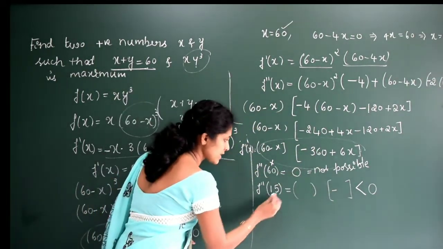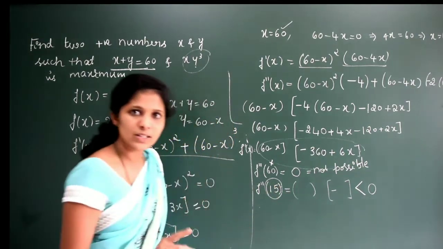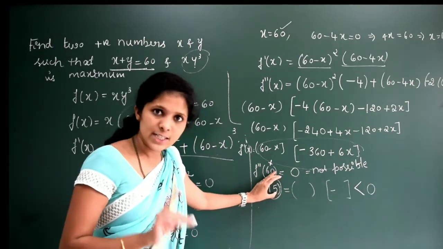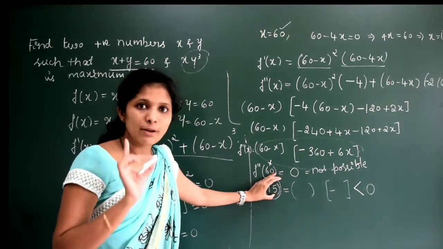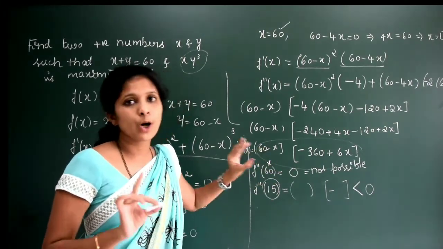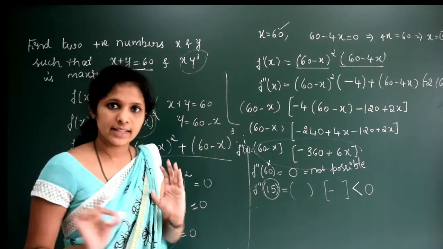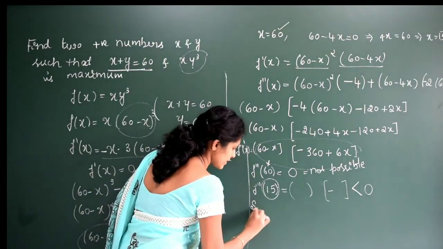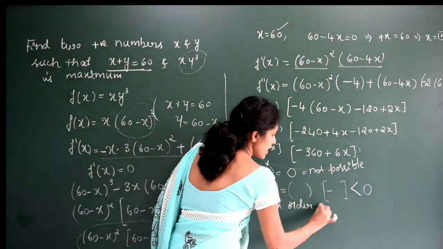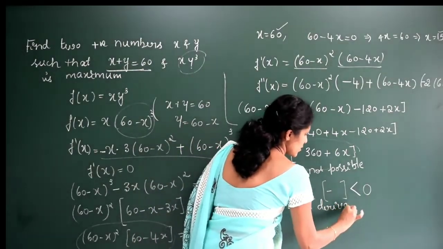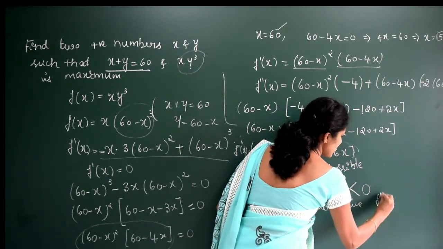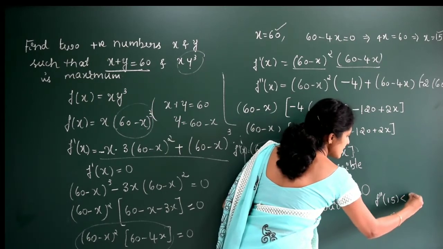So what we can say, at the point 15, because f double dash of x is less than 0, it has a maximum value. So we can say that the point x is equal to 15 is the point of local maxima. Is it clear? By using the second order derivative, f double dash of 15 is less than 0.